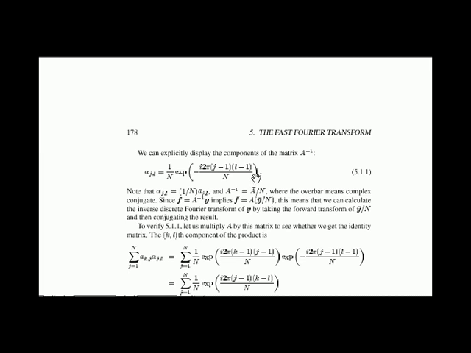But it turns out that A inverse looks almost exactly like A, except for a factor of 1 over n and a negative here. So basically, A inverse is just A conjugate over n. So if you can calculate a forward discrete Fourier transform, you can calculate the inverse transform just as easily.